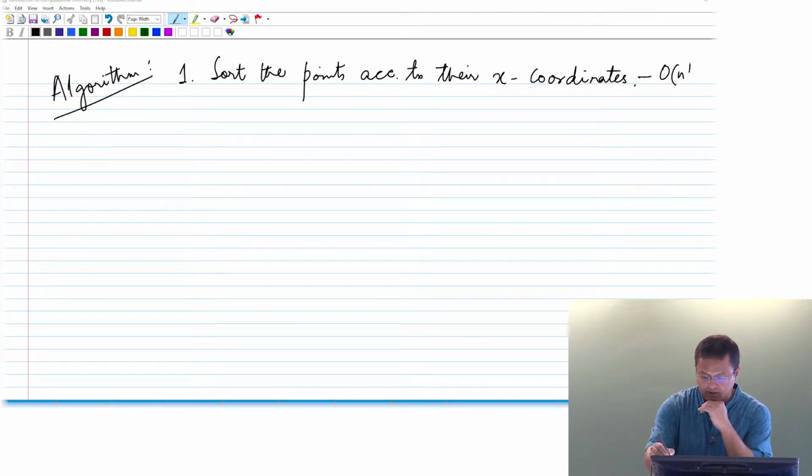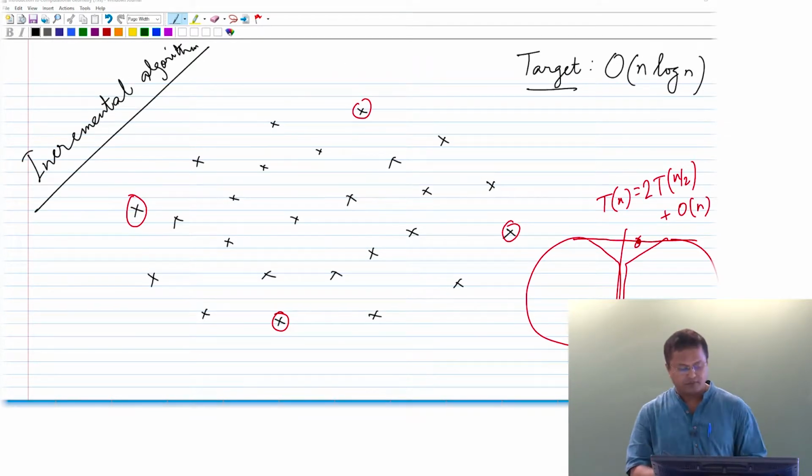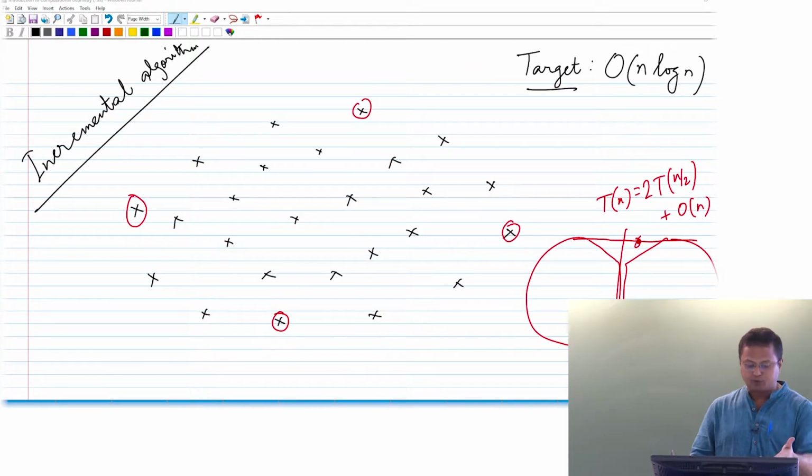This takes n log n time. Okay. Once I have sorted, it is easy to pick up the leftmost point and the rightmost point.